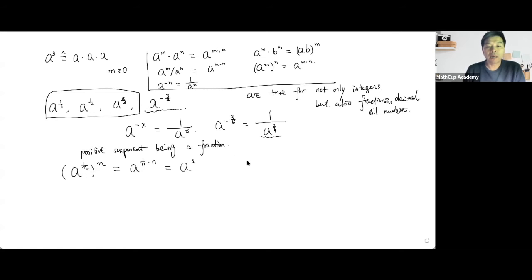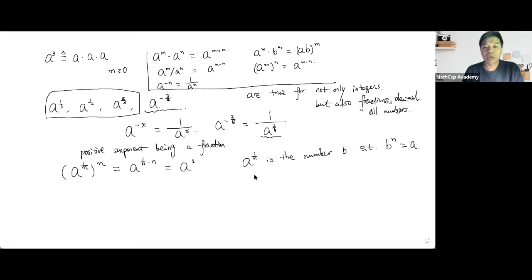This means that a to the power 1/n is the number, let's call it b, such that b to the power n equals a.